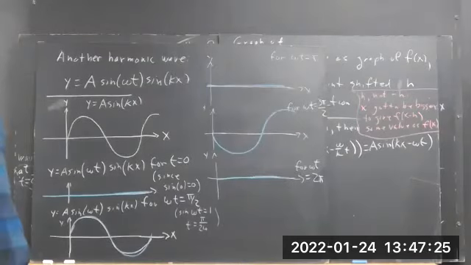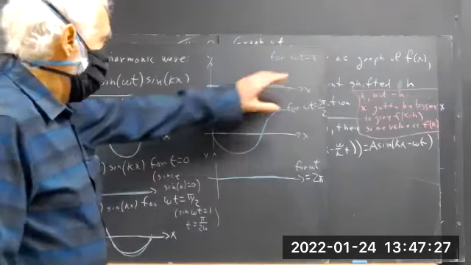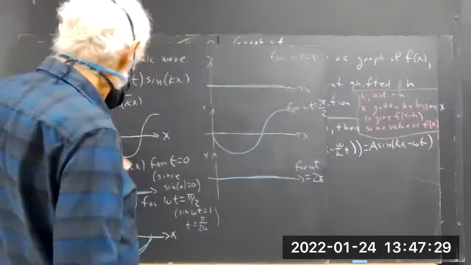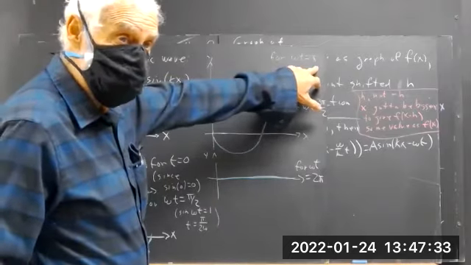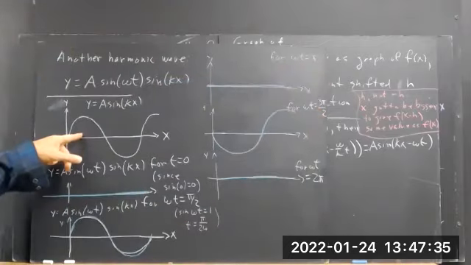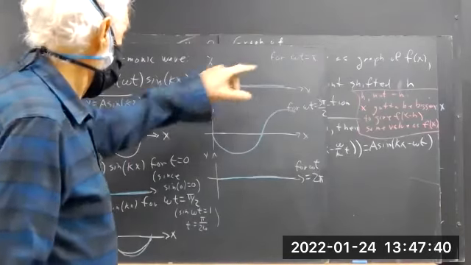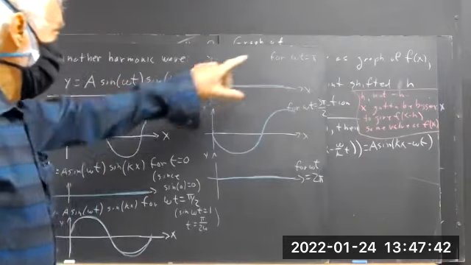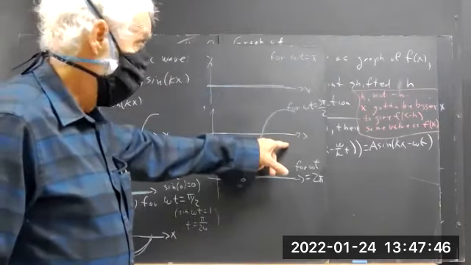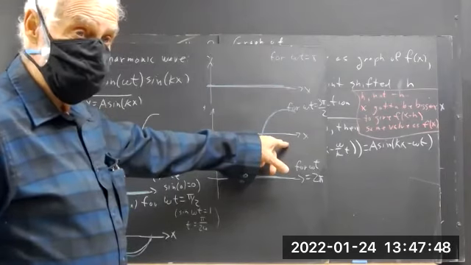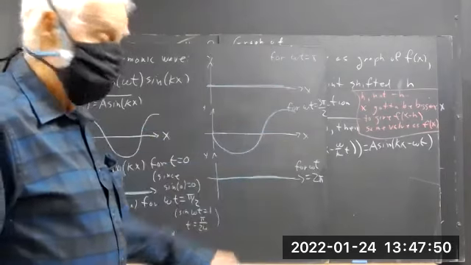Okay, so now, pose the question: what would the graph of this function look like for omega t equals pi? If this is the graph for a sine of kx, what's this function for omega t equals pi? And there it is, right? And here, for omega t equals 3 pi over 2, and here, for omega t equals 2 pi.